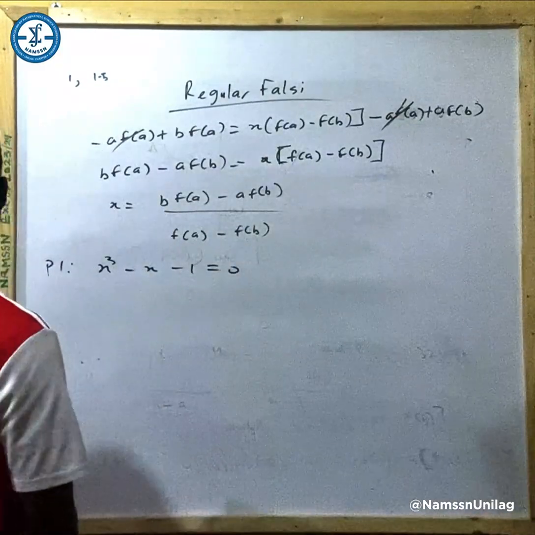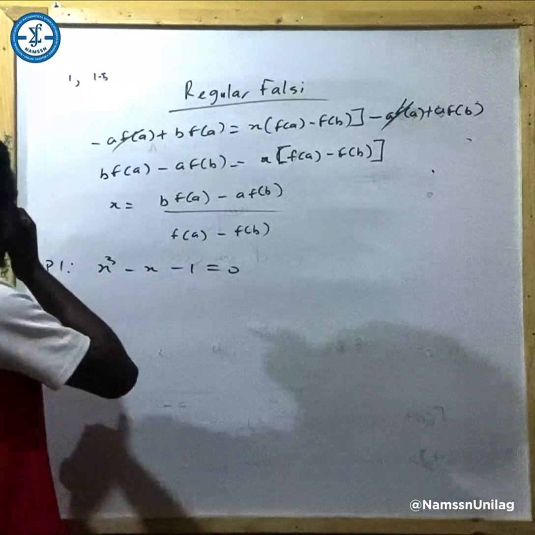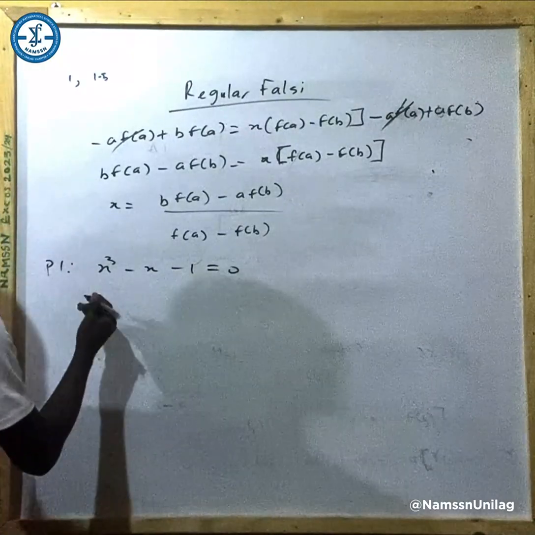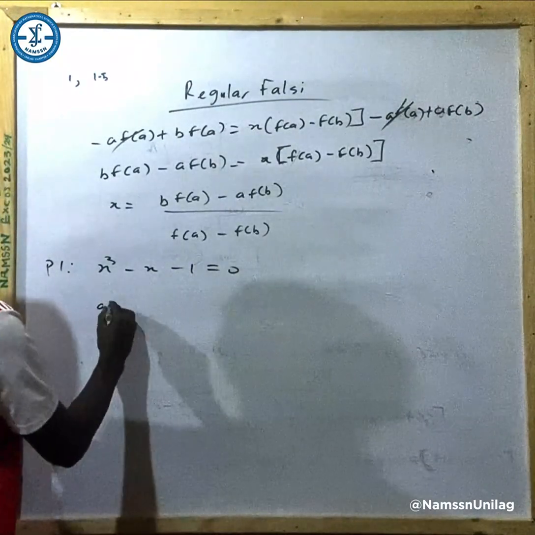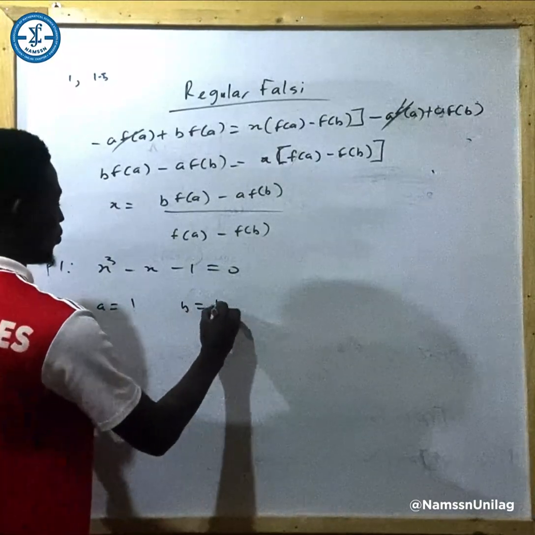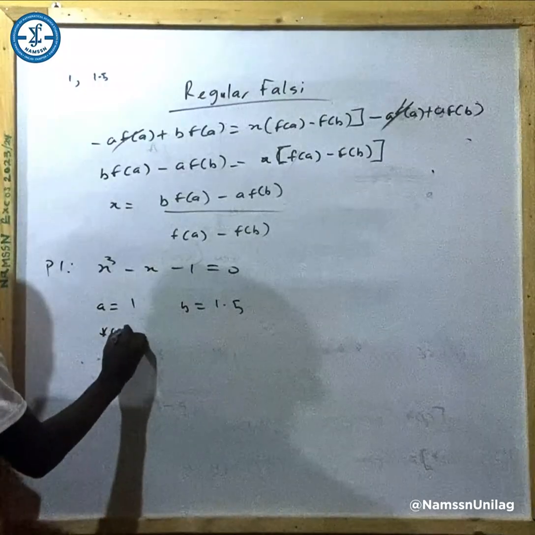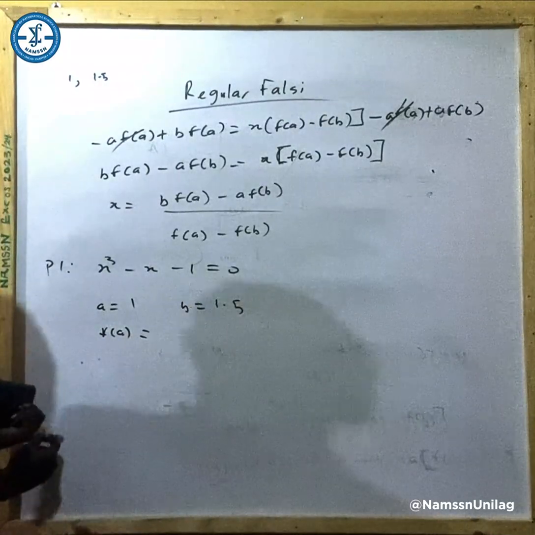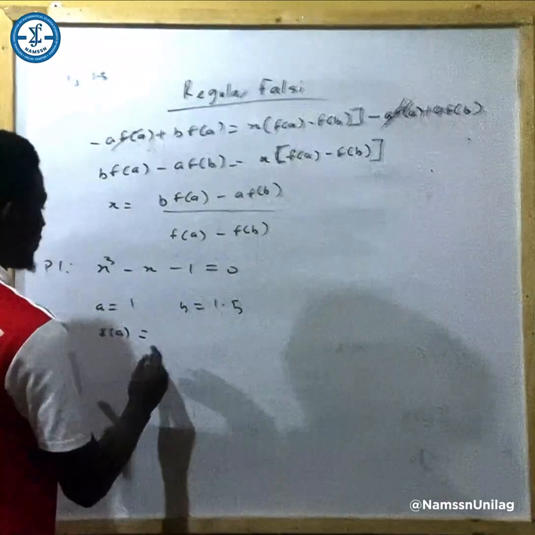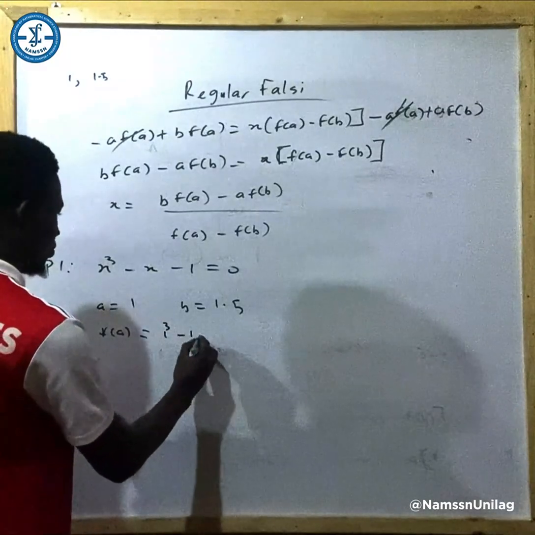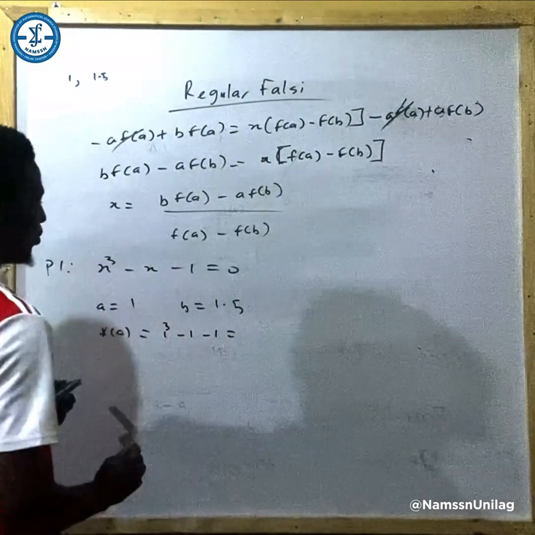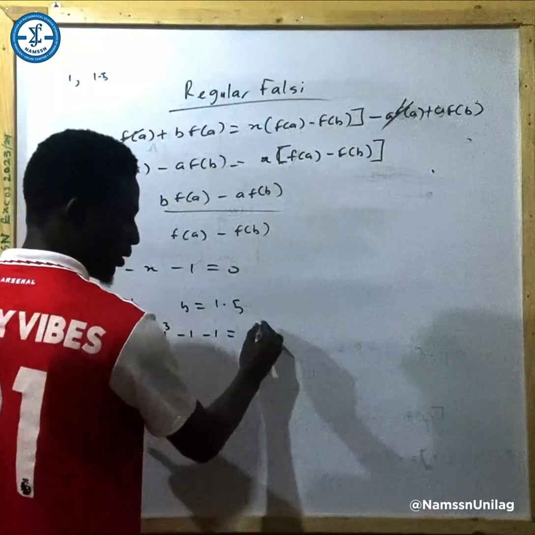So let's set our values. Now if a is 1 and b is 1.5, then I know that f of a is, so let's look for f of a. That's from our question, 1 cubed minus 1 minus 1 equals minus 1.